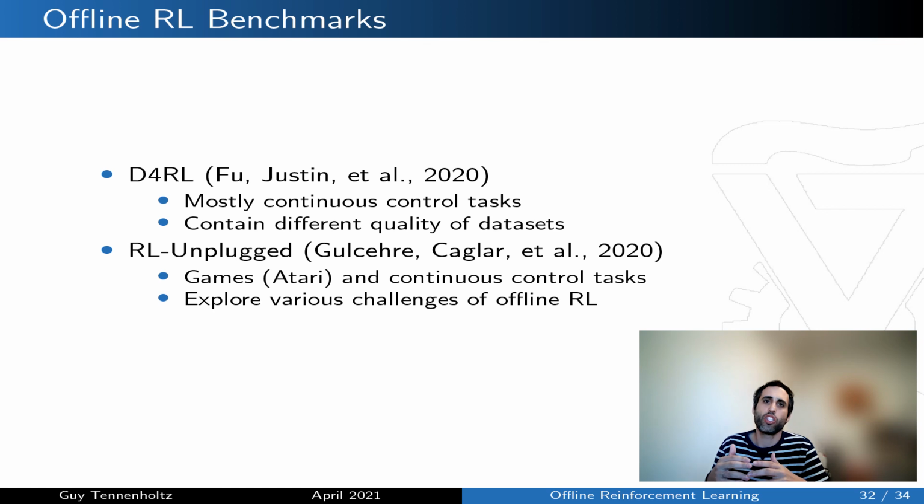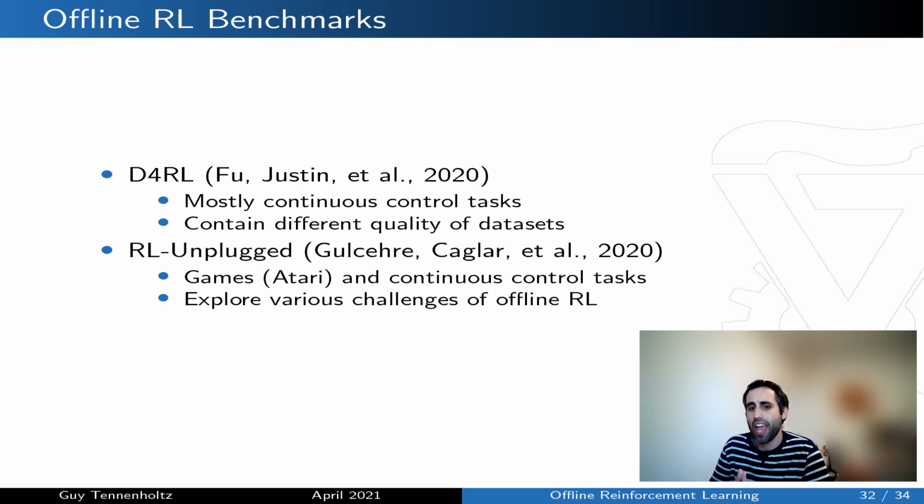So we have data sets with completely random agents, data sets with mediocre agents, and data sets with expert agents or mixed agents that are partly good at certain states and bad at different states. This allows us to really test our algorithms in many different quality of data sets.